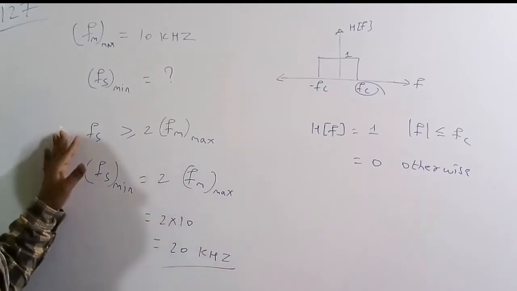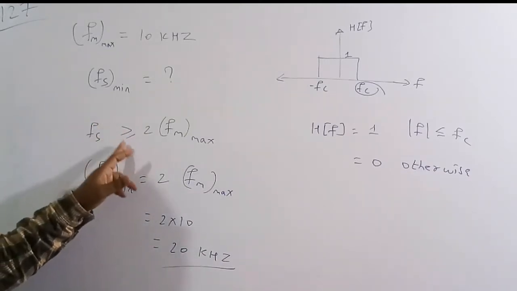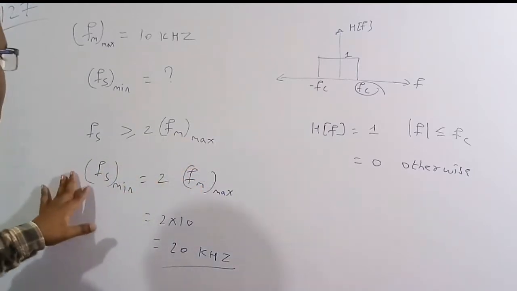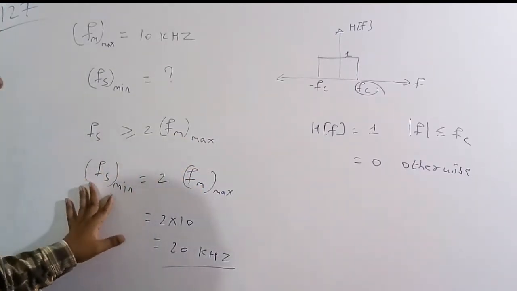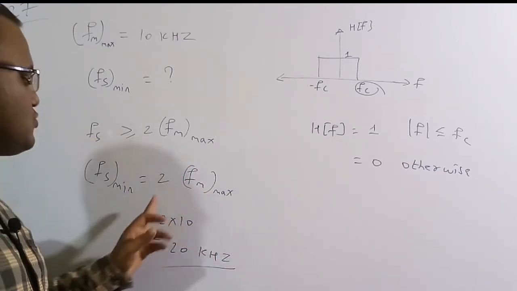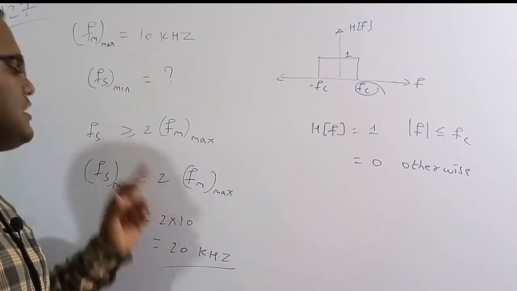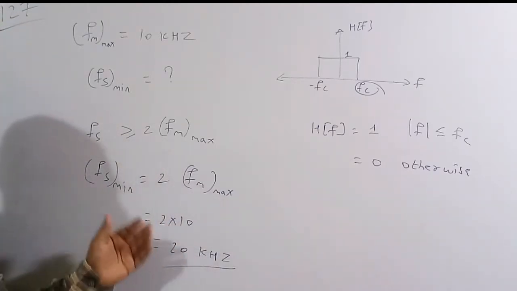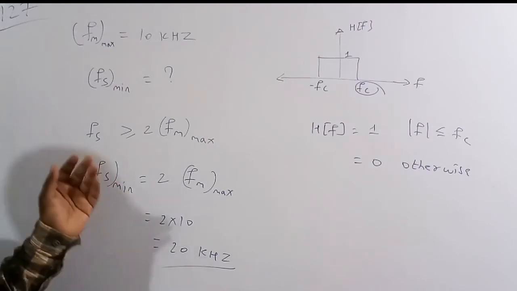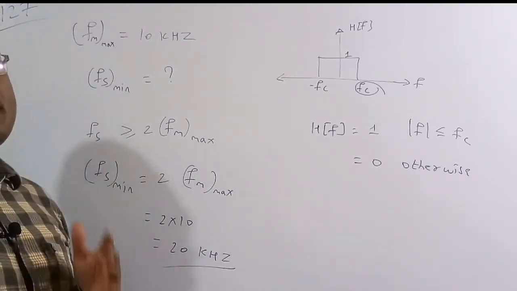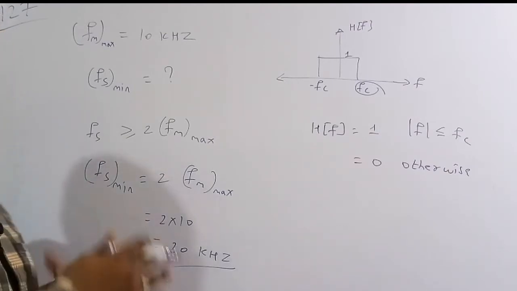The sampling frequency must always be greater than or equal to twice the maximum message signal frequency. So the minimum value is twice the maximum message signal frequency. So 2 into fm max, which is 10 kHz, so 2 into 10 is equal to 20 kHz. This means if you do the sampling below 20 kHz, there will be an aliasing effect, meaning the high frequency message signals will become low frequency and the low will become high.